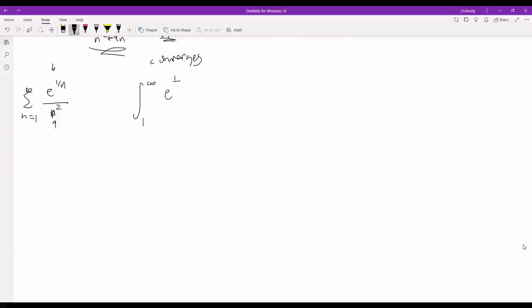So the integral from 1 to infinity of e to the 1 over n, over n squared, dn. Now this is an improper integral, which means we will rewrite it as the limit as t approaches infinity of the integral from 1 to t of e to the 1 over n, over n squared, dn.